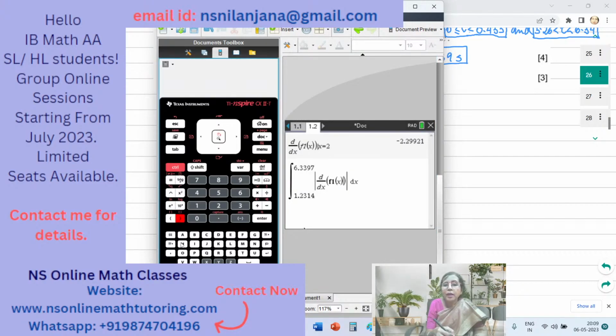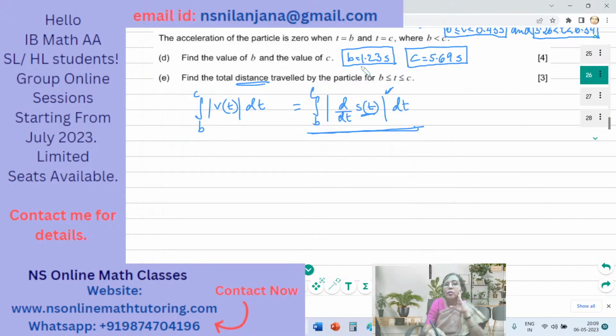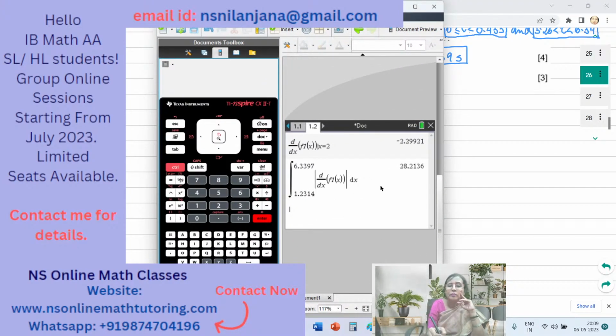Now we are done. Now we can safely press the enter key. The limits are 1.23 and 5.69, right?